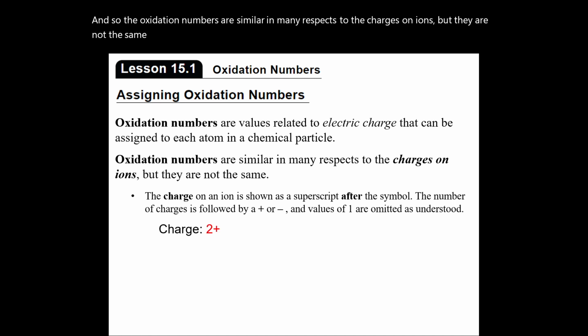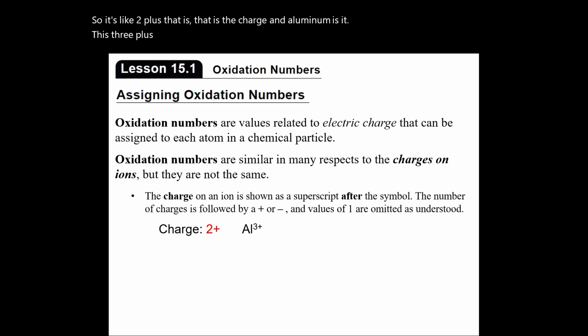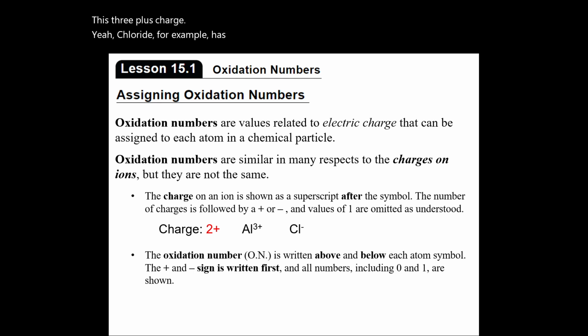For example, the charge on an ion, the sign comes after the number. So it's like 2+, that is the charge, and aluminum has a 3+ charge. Chloride, for example, has 1-, so we don't write 1, but the negative means it is -1.